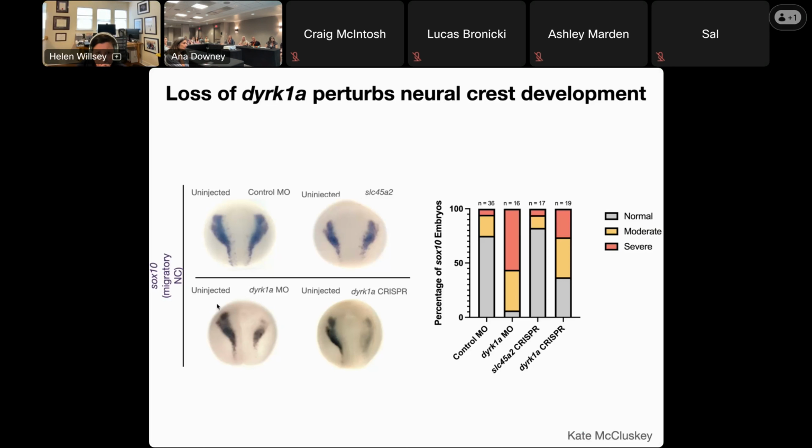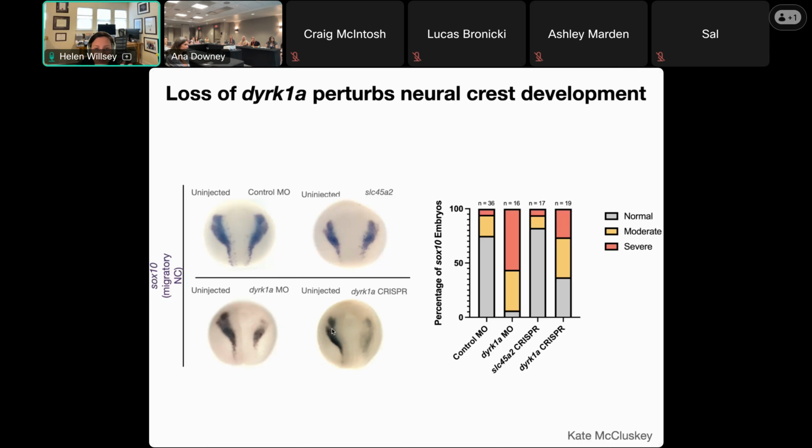So let me just orient you a little bit. You can really just look at this one if you want. And so again, we've done this half and half thing with the frogs. So this side of the animal is your control, your unmanipulated side. And then this side, we've inhibited DYRK1A by CRISPR-Cas9 genome editing. And what you may be able to appreciate is there's this blob of cells here, right? This is a marker for SOX10 migratory neural crest.